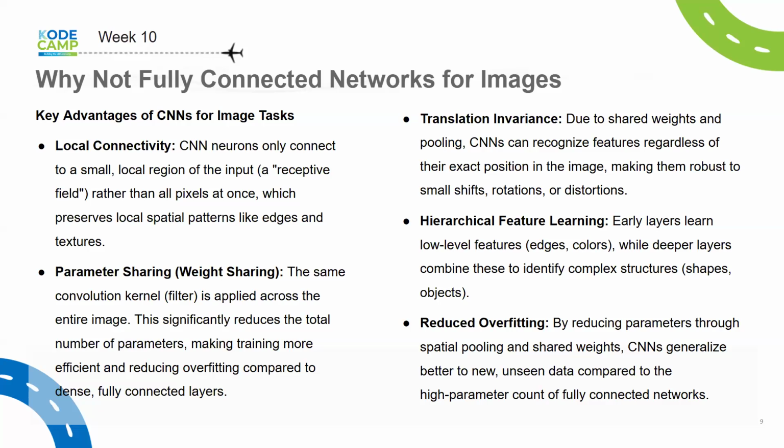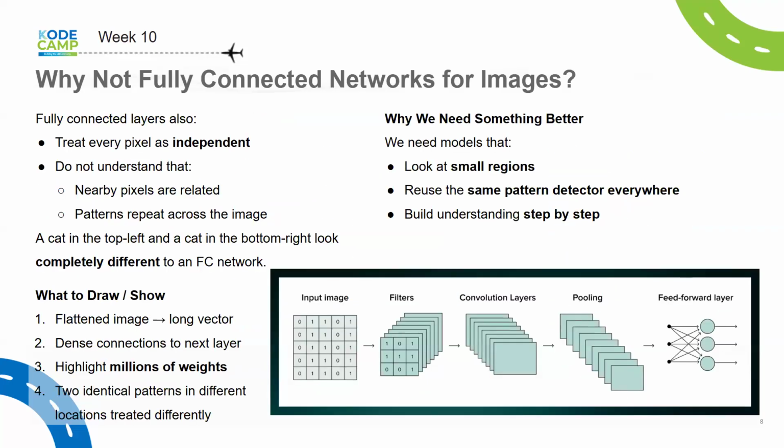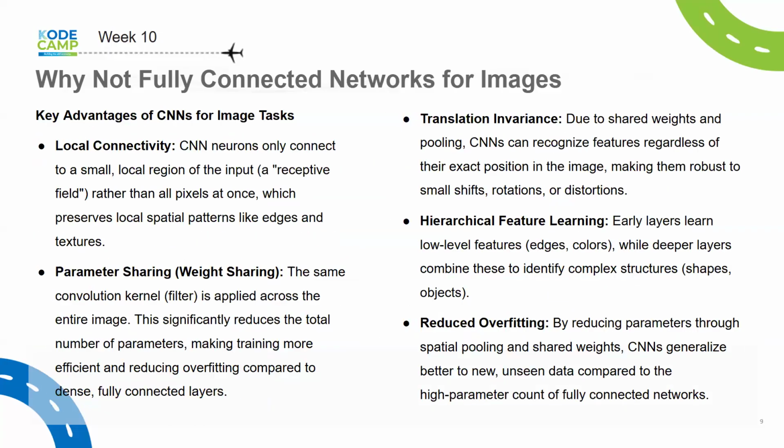So that reduces it. Imagine that same 224 by 224 by 3 image that we talked about before. If we had just a single 3 by 3 kernel, you would use the weights of that single 3 by 3 kernel for all the 224 by 224 pixels.